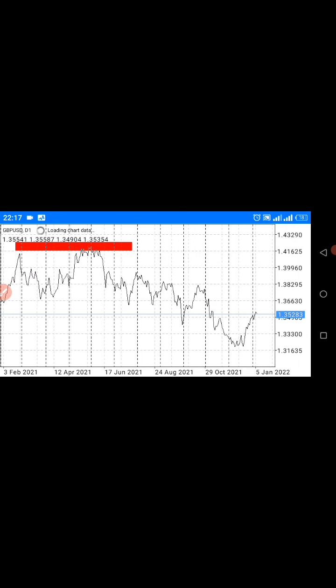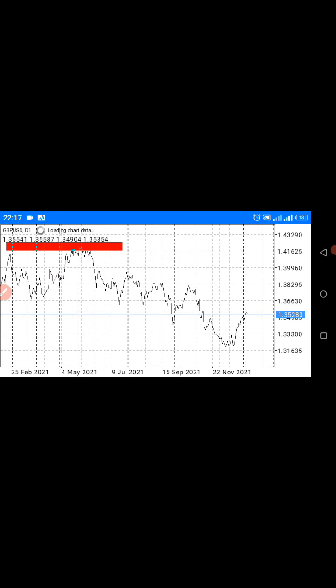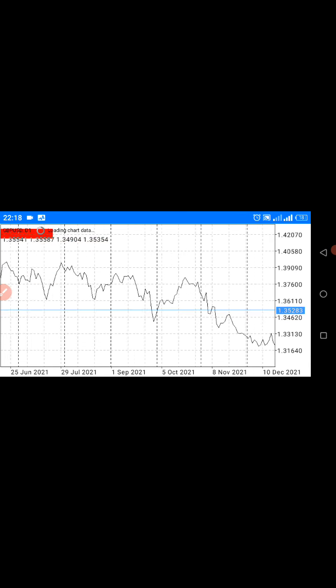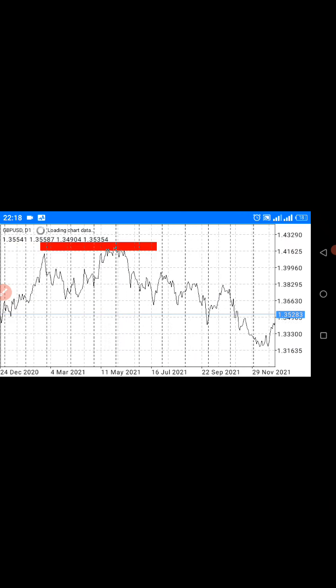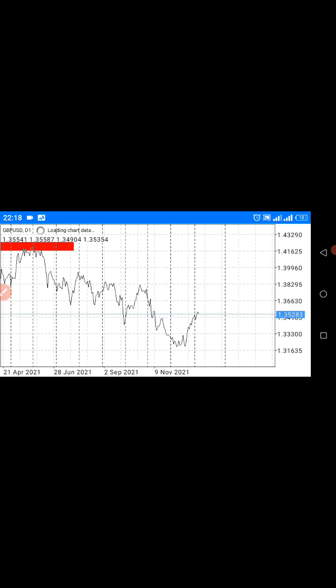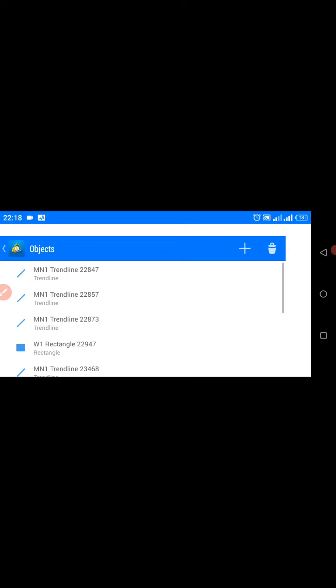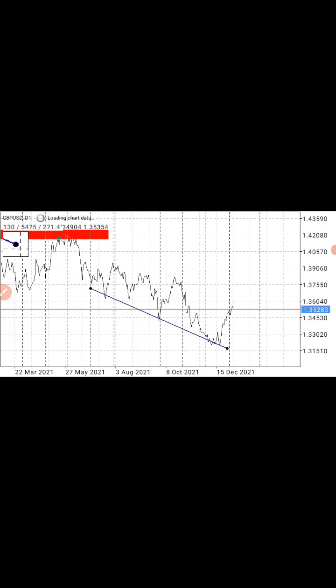Let's look at this area. Maybe we can see another pattern. A double touch pattern. Here we have a triple touch. We have a triple touch here.